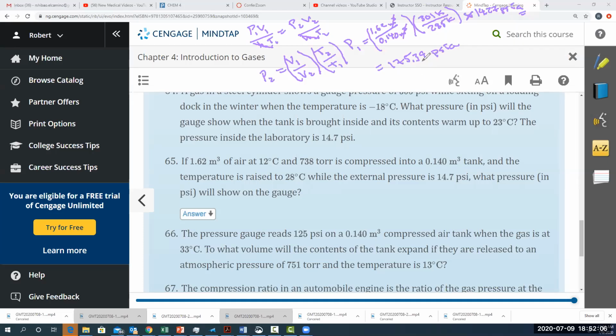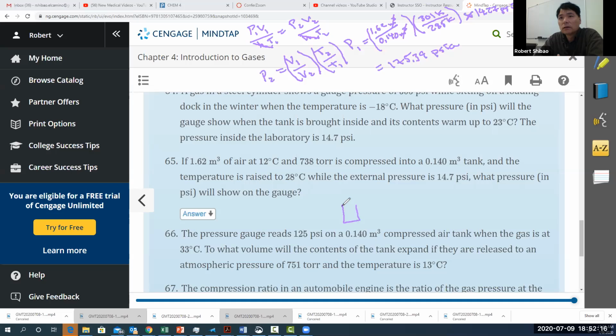So that's the absolute pressure. But the thing is, if this were in a tank and this was reading PSIA, so let's put a pressure gauge here on the tank. The pressure gauge is reading 175.39 PSIA.